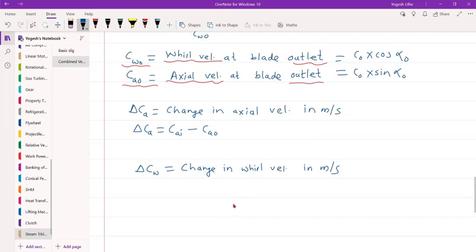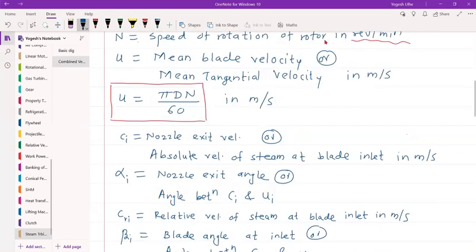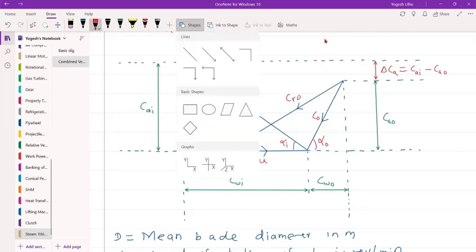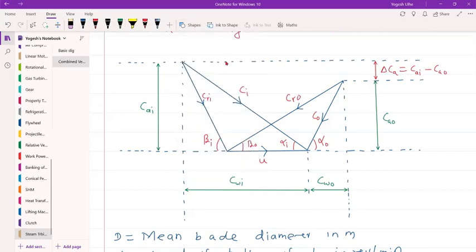Okay, everyone. So what is change in whirl velocity here, guys? Try to see my point here. What is change in whirl velocity?